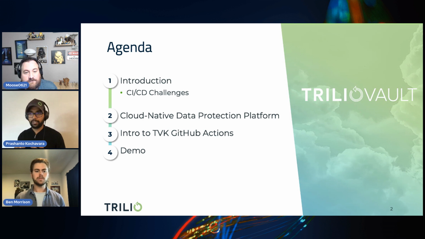After that, we will provide a quick introduction to the TVK GitHub action, the workflow or the GitHub action that Trilio has developed. And then Ben will be going into a demo showing you exactly how everything works and how we are going to solve that pain point for you. And then finally, we'll wrap it up with a conclusion. And if we have any questions, we'll try to answer those as well.